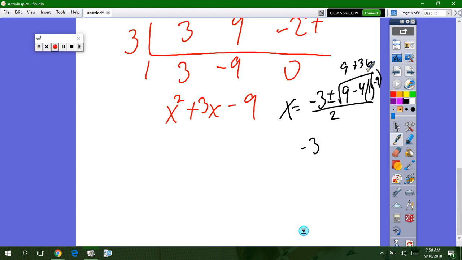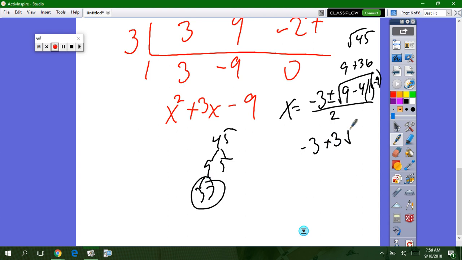So that's the square root of 45. What's in 45? 9 and 5. 3 and 3. So we have buddies, right? Remember to put the buddies on the outside and whoever's left over on the inside. Okay?